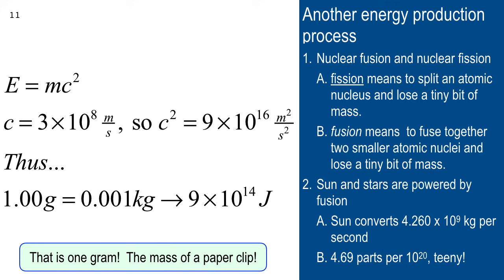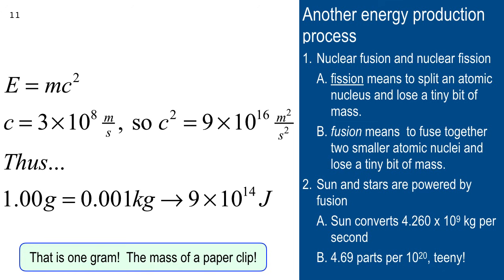Let's see, 9 is billion, 12 is trillion, 15 is quadrillion, 18 is sextillion. So about 4 parts per sextillion of the sun is being turned into energy per second.